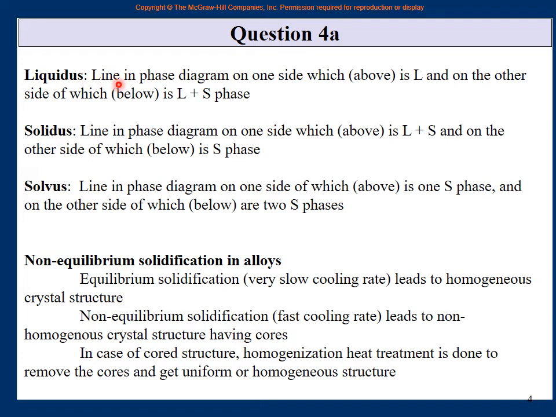Liquidus is the line in the phase diagram on one side of which, above, is liquid, and on the other side of which, below, is liquid plus solid phase. So above the liquidus line on the phase diagram is liquid and below the liquidus line is liquid plus solid. You can also say that the liquidus is the line which divides the liquid region from the liquid plus solid region.